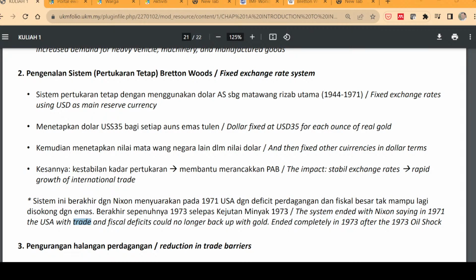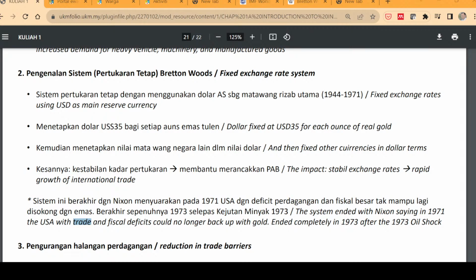So the two oil shocks, 73 and 79. Already with the first oil shock, 73, this fixed exchange rate system ended. Make no mistake, the Bretton Woods institutions, World Bank and IMF, exist until today.